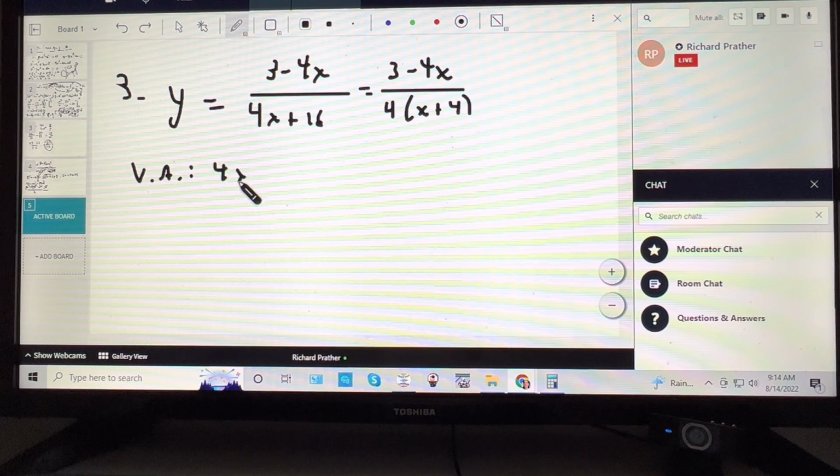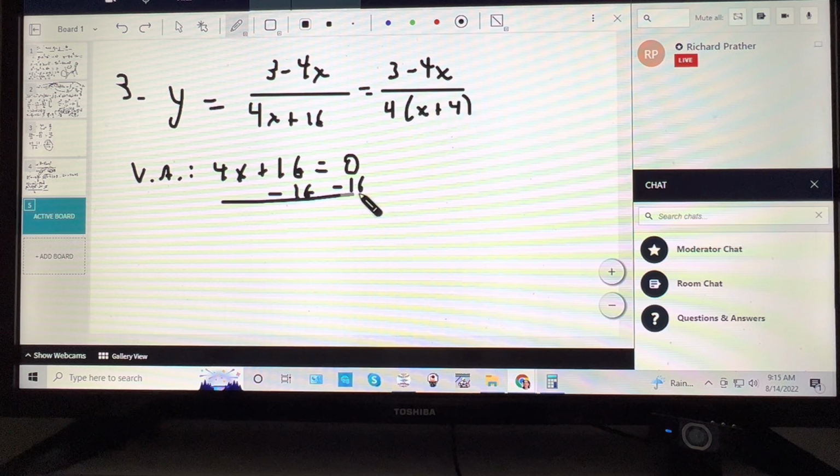And this has one x value that makes the bottom 0 because that's linear, 4x plus 16. And maybe you can see it right here that it would be what makes this expression become 0. So divide by 4, x equals negative 4. This is the one and only vertical asymptote for this problem.